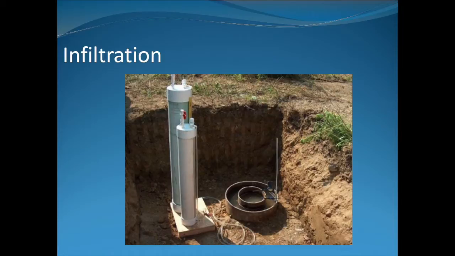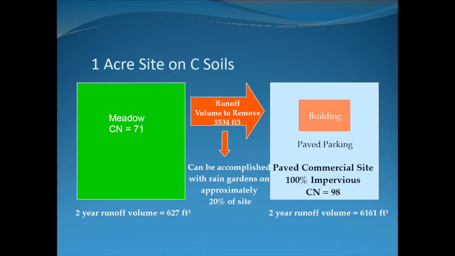I want to go through these two very quickly because I also want to point out the value of vegetation. If you had a meadow with a curve number of 71, and I think this was a 1 acre site, for the 2-year storm, and we know that's the most important storm for volume right now.